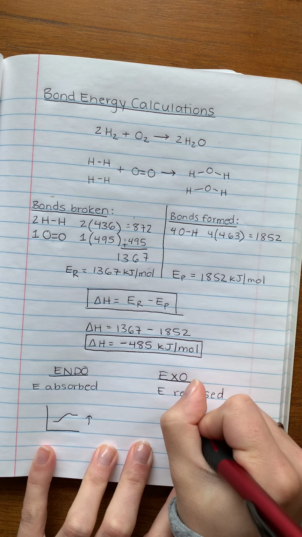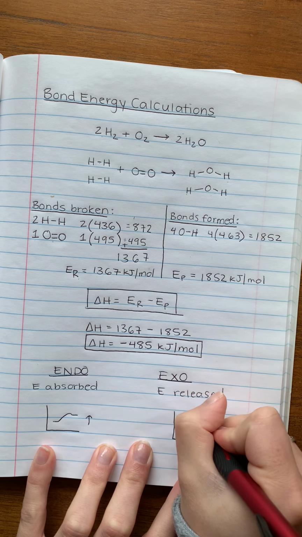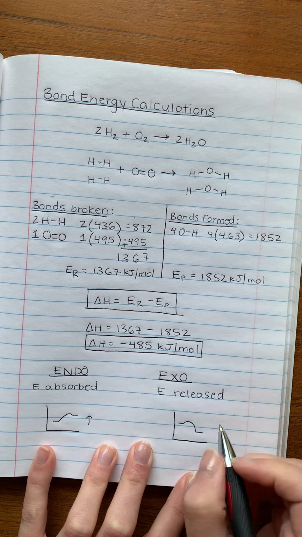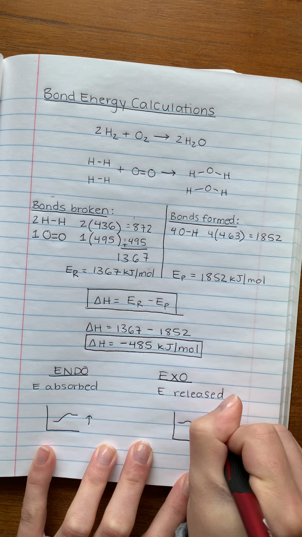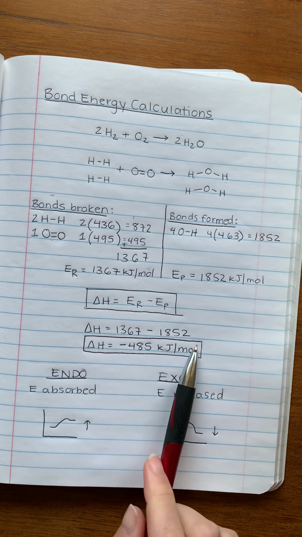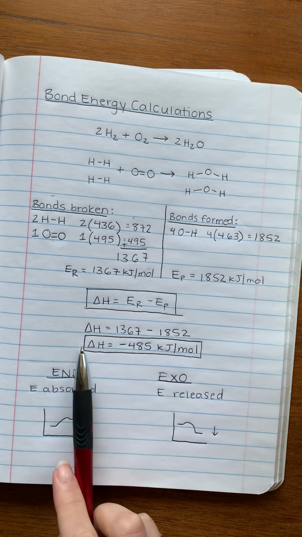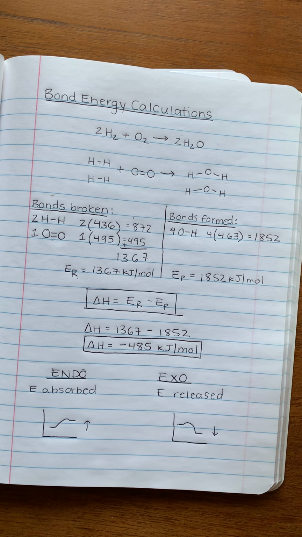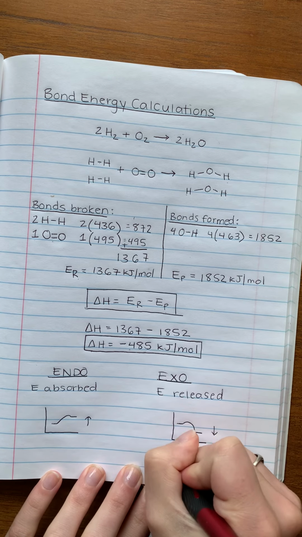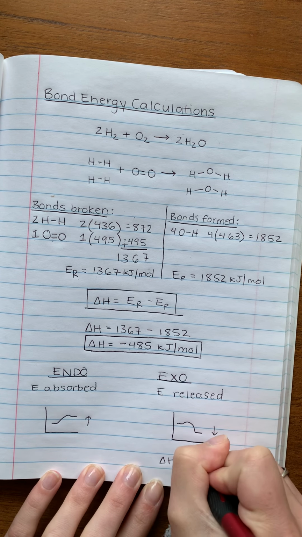Whereas for an exothermic reaction, we're going to start with more energy, and we're going to lose energy overall. Okay, so take a look back here. If we have a negative delta H, so we have a negative heat of reaction, that means we lost energy in this reaction. That would mean that a negative delta H is an exothermic reaction.